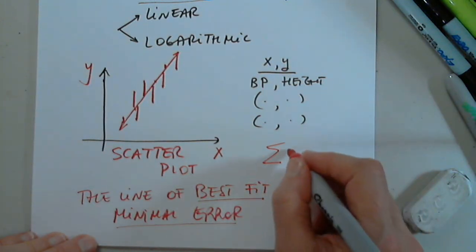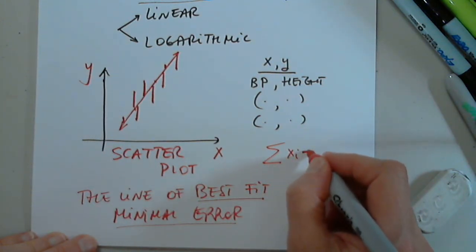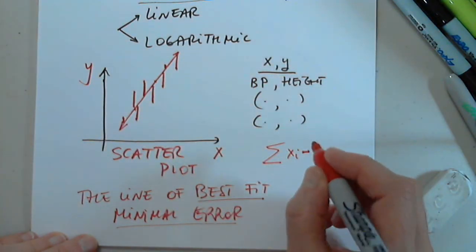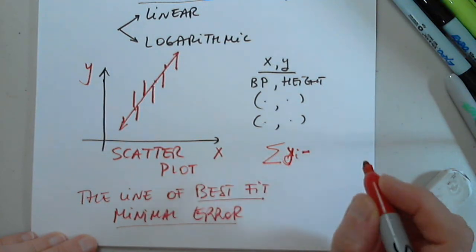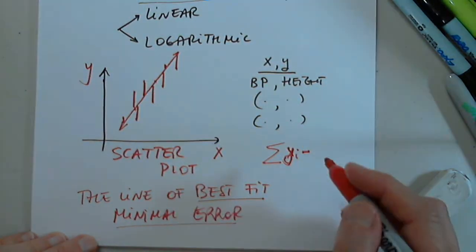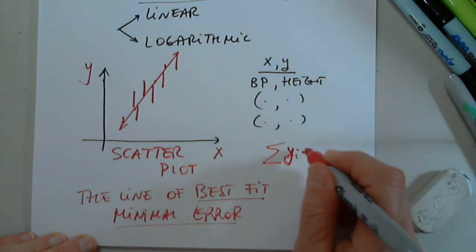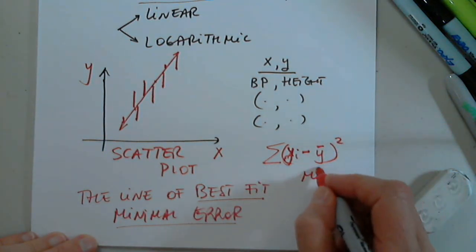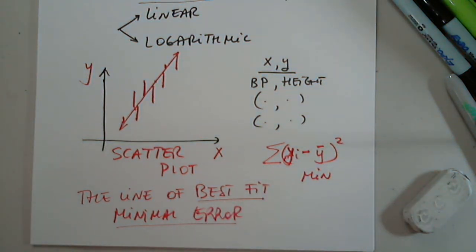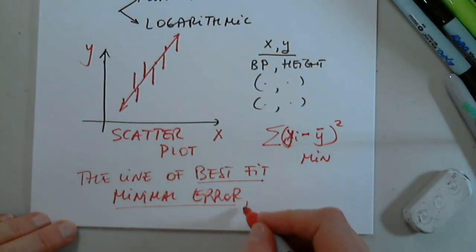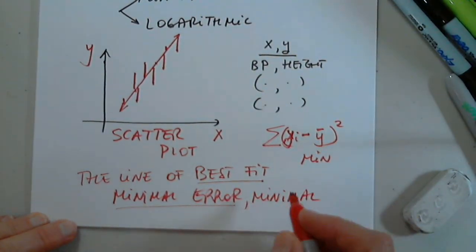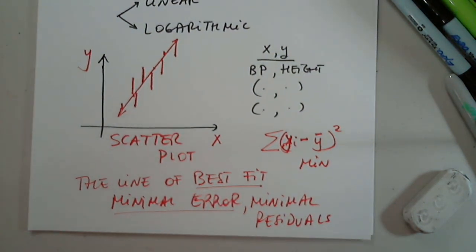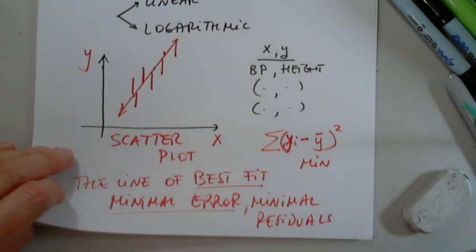So it's the sum of y minus y bar, because we're talking about the y values, is the minimum. We also call them the residuals, the minimal residuals.